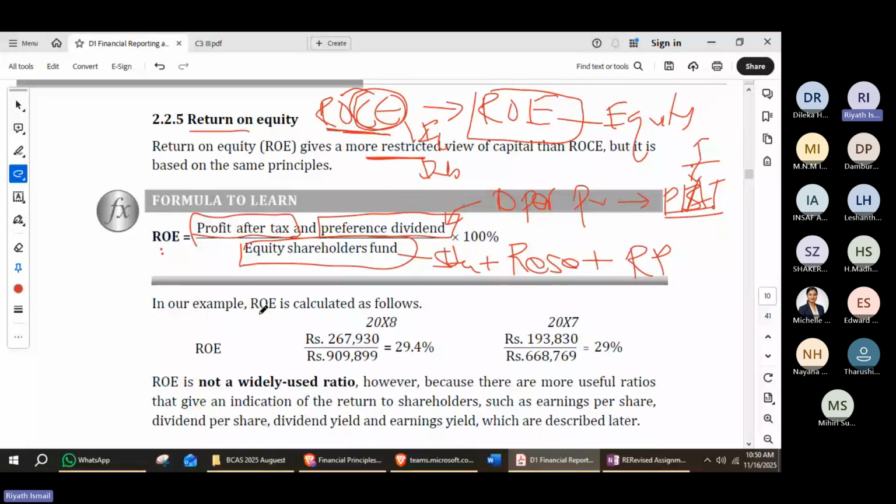In our example, ROE is calculated as follows. This is profit after tax and this is equity. Accordingly, we got return on equity of 29.4. This is 29%, almost equal.